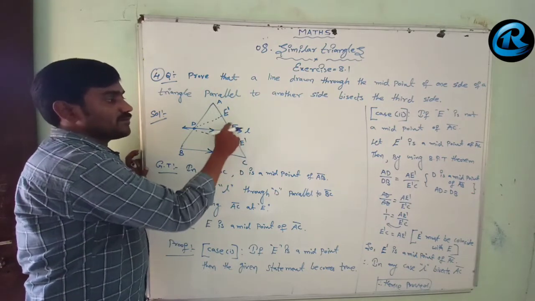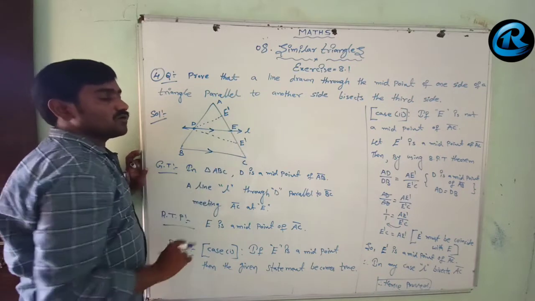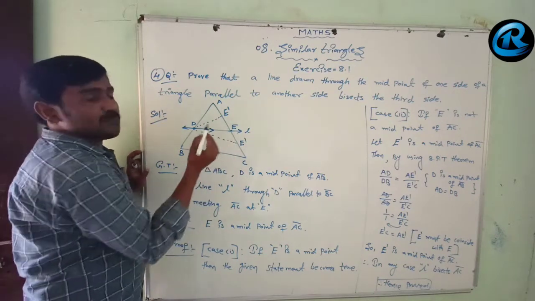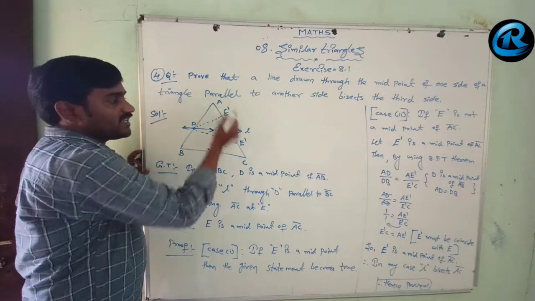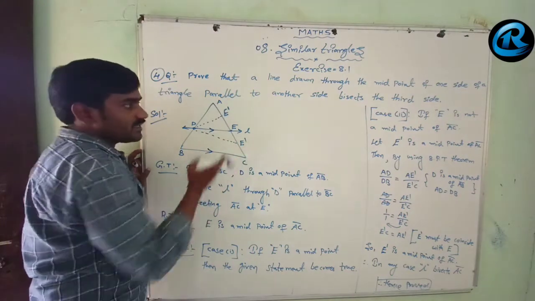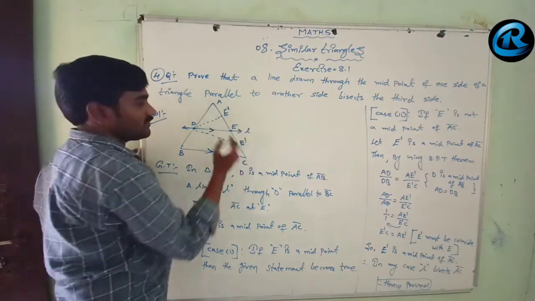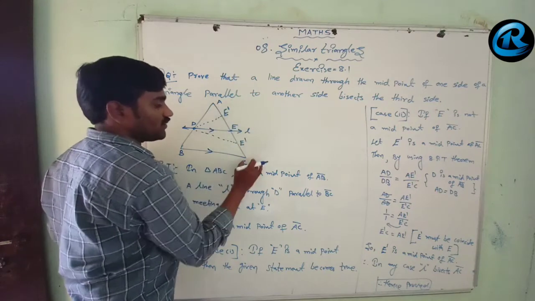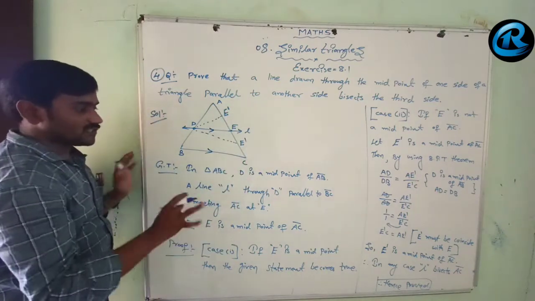If E is a midpoint of AC, then E bisects AC, meaning AE equals EC. That is what we need to prove.